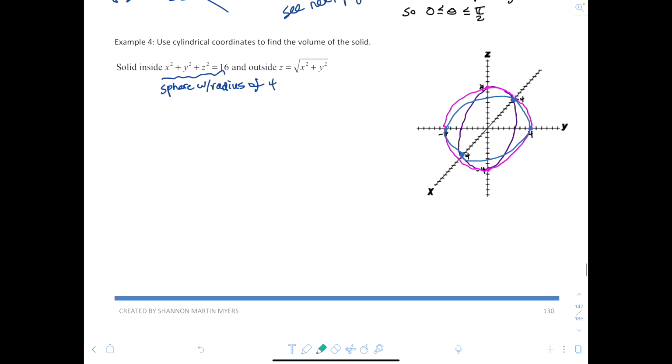But anyway, let's kind of see what it looks like here.